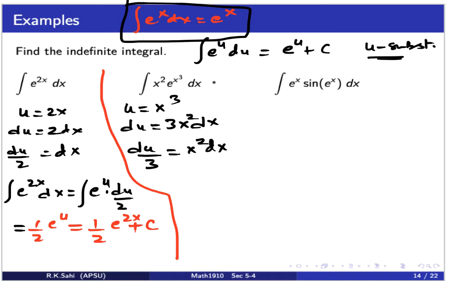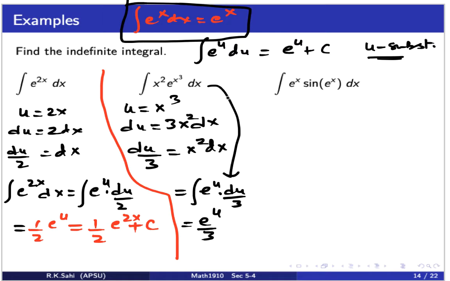So this integral can be written in terms of u as e to the power u times du over 3. Now, the integral of e to the power u is simply e to the power u. So it's e to the power u over 3. Now remember, the original problem was in x's, so you have to change the u to x cubed. So your final answer is e to the power x cubed over 3 plus, remember, c at the very end.